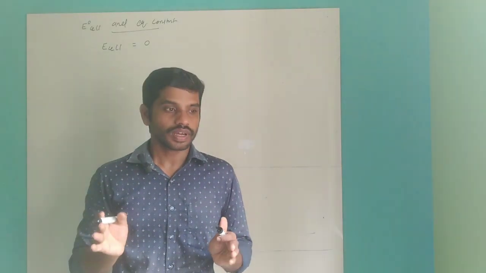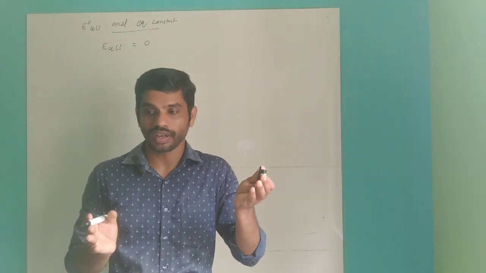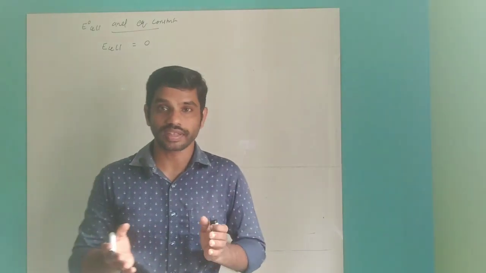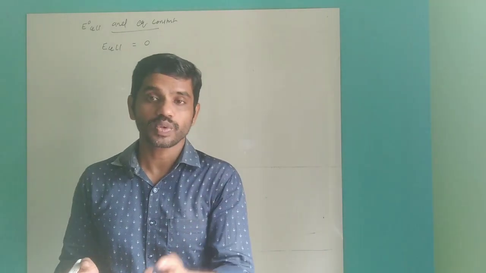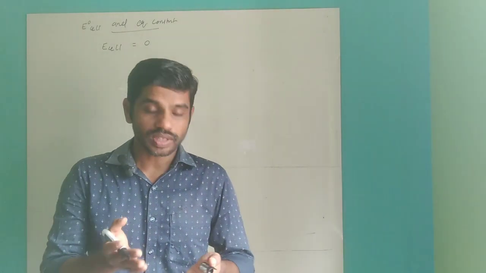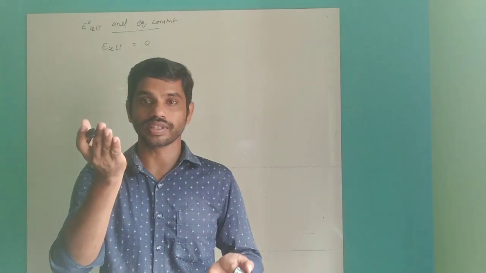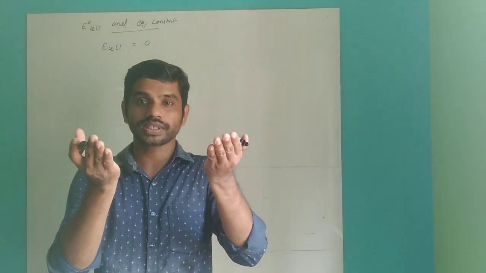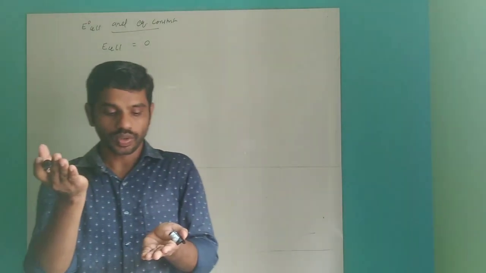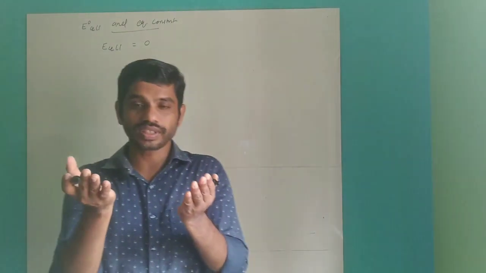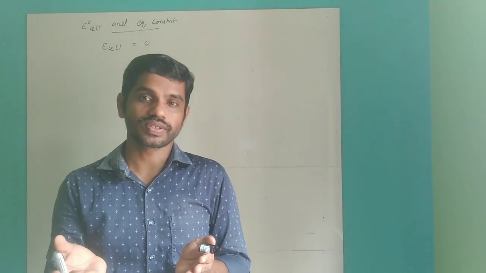Why? Because of the concentration. Let me take the example of the Daniel cell. When you are doing the reaction, zinc is becoming Zn2 plus, so after some time the concentration of zinc will increase. Copper 2 plus is depositing as copper, so its concentration decreases.